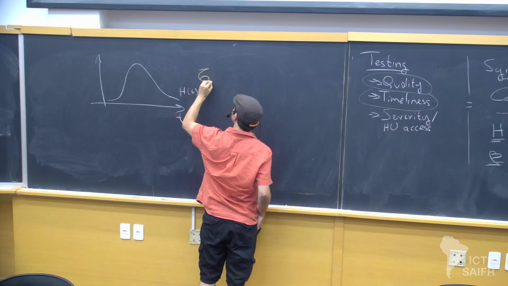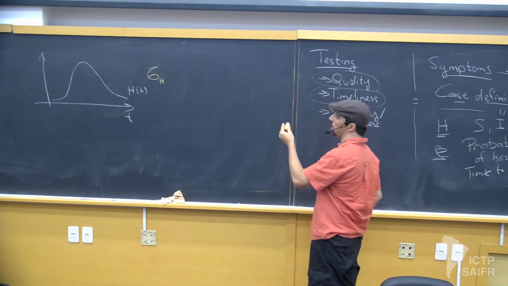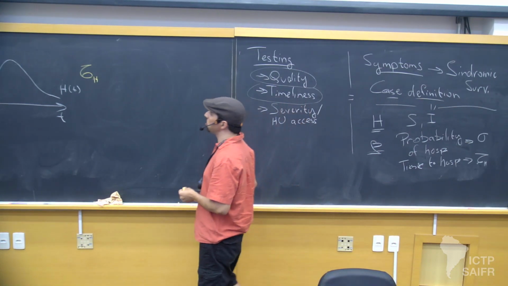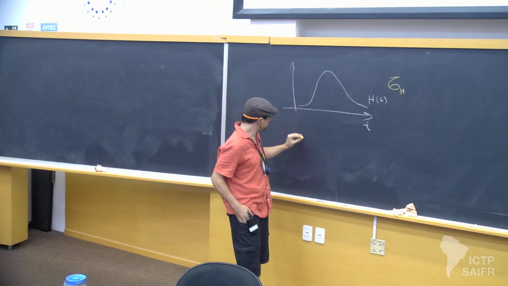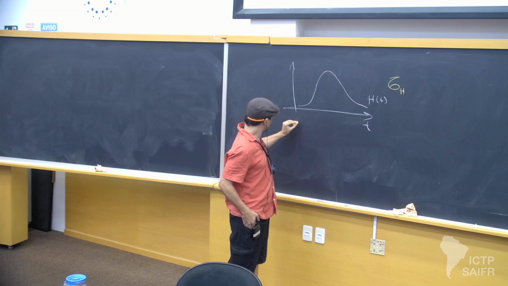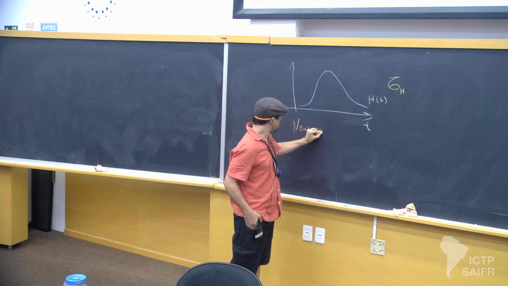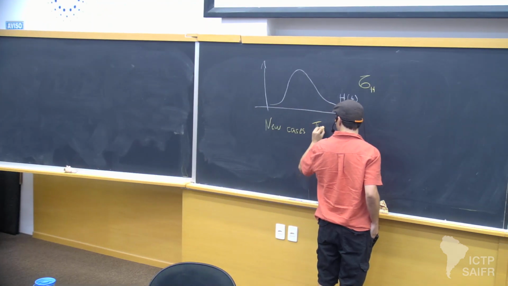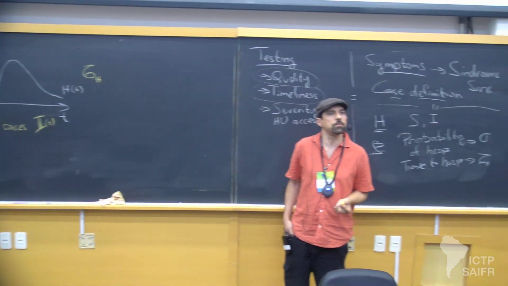If I have a characteristic time, tau H, associated to the development of severity leading to hospitalization, what do I expect if I compare this curve with the new cases, I of t? Just a shift in time, right?